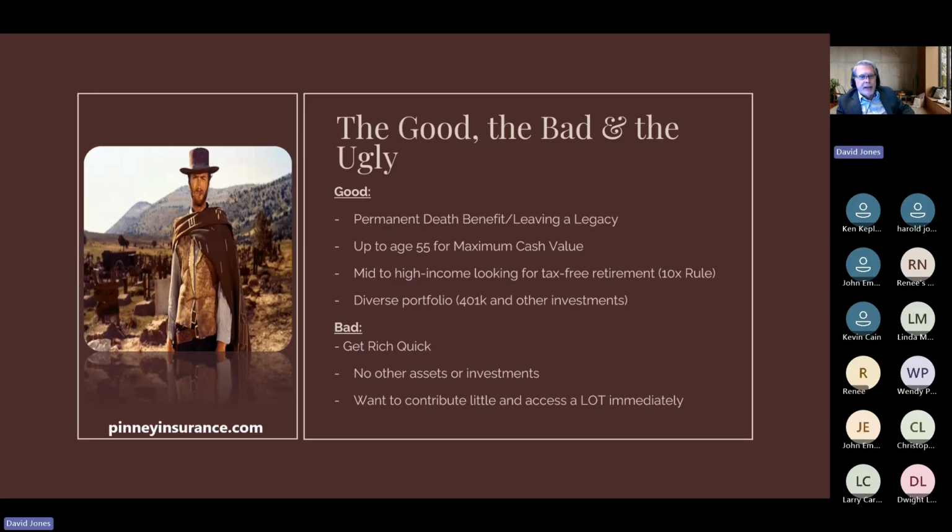The good, the bad, and the ugly. Good things about an IUL and who it would be good for. It's a permanent death benefit, like we talked about. It's leaving a legacy for their family because it's got the death benefit to it, just in case you don't live until 100 or whatever you plan on doing in retirement. It's good for people up to the age of 55 for the maximum cash value.